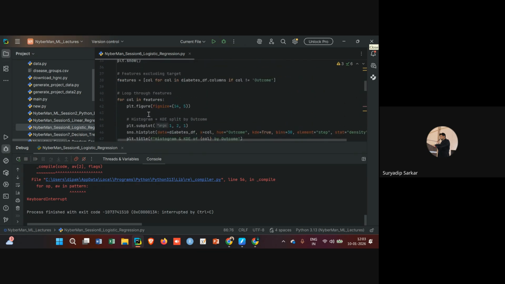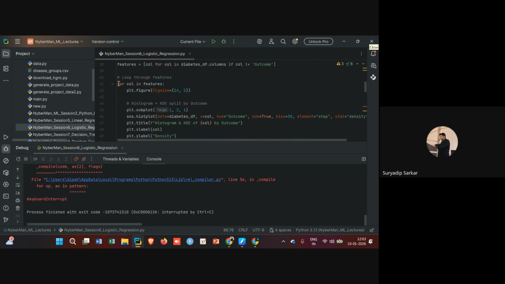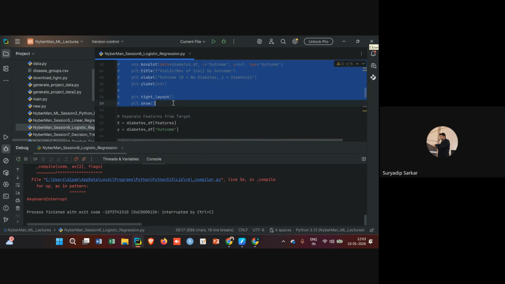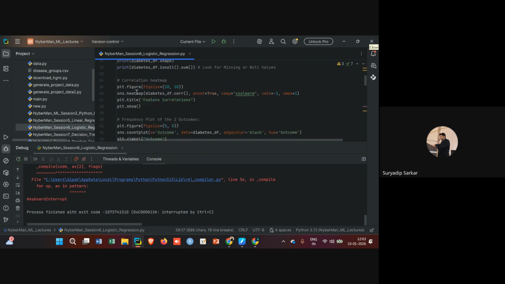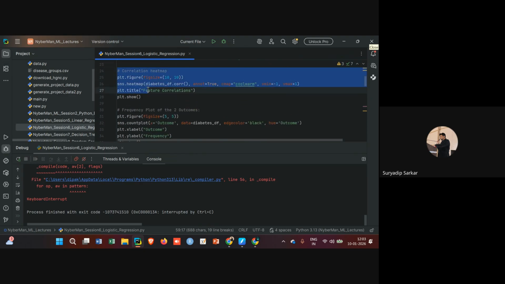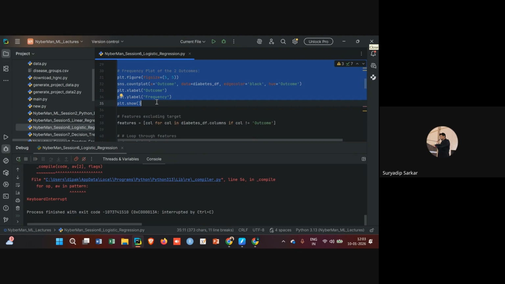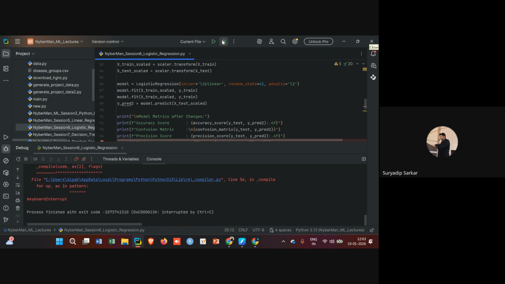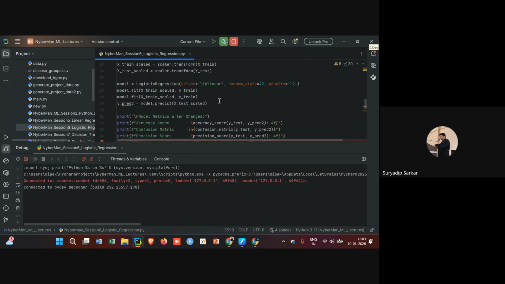I don't want the plots to come up again, so I will comment this entire portion, and also these two plots. I only want to run the model now. Okay. And yes, now let us go ahead and hit debug. Let's see what we get.